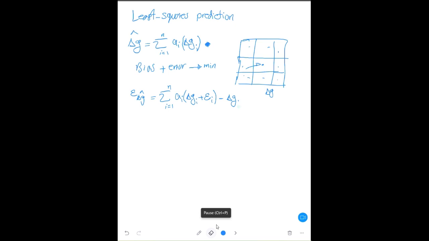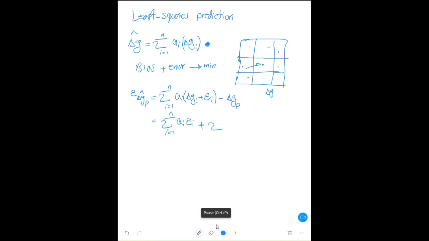This estimator has a random part, which is epsilon, but it should be as close as possible to the true value of the gravity anomaly. Of course, we don't have it, but we have to write the error equation that way.